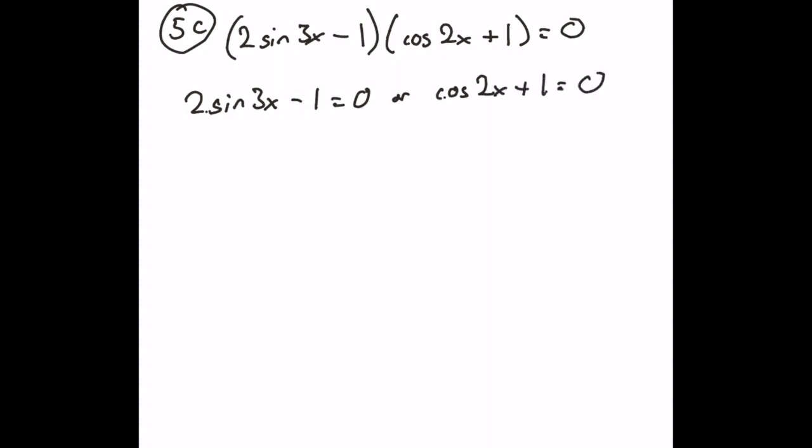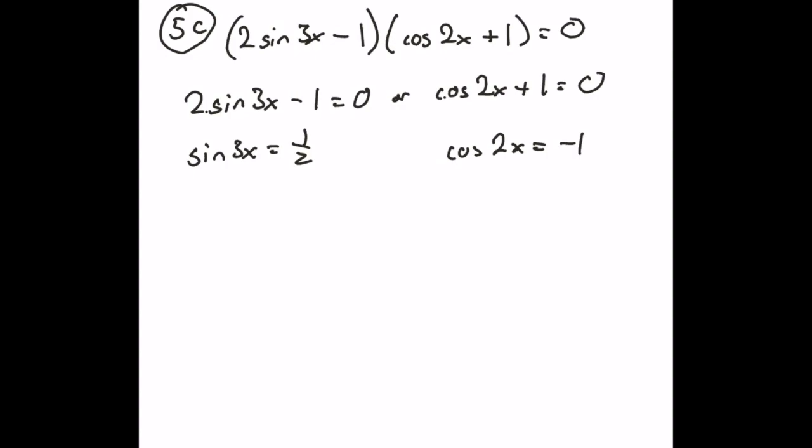Okay? So then if we solve, I'm going to add and divide. I get my sine of 3x equals 1/2. Subtract, or we can say cosine of 2x equals -1. Okay, let's work on the left first. Now, sine of what equals a half? So from the unit circle, 1, 2, 3, 1 cosine sine, that means 30 degrees.